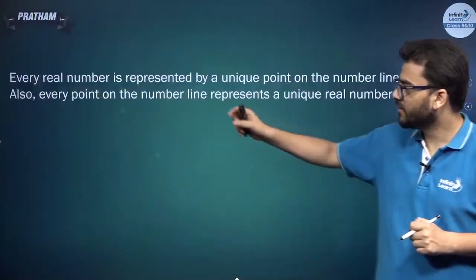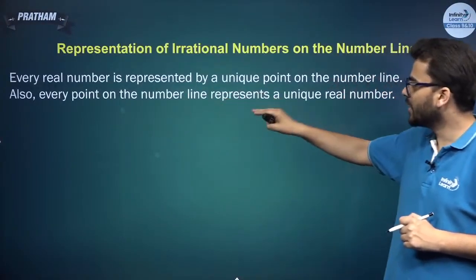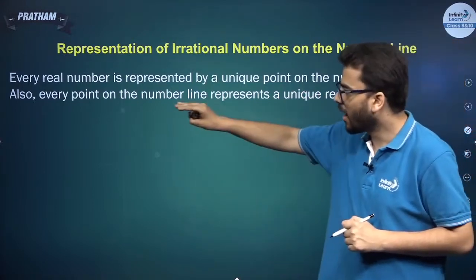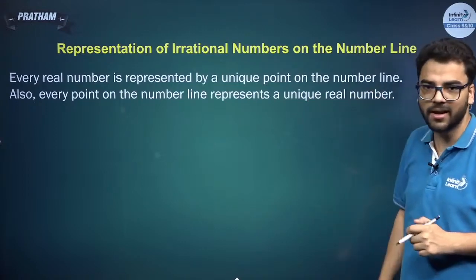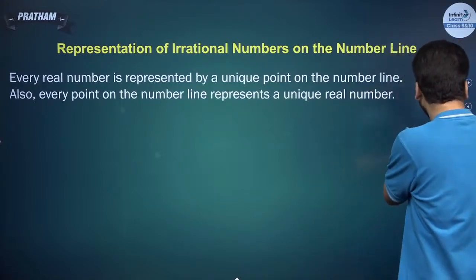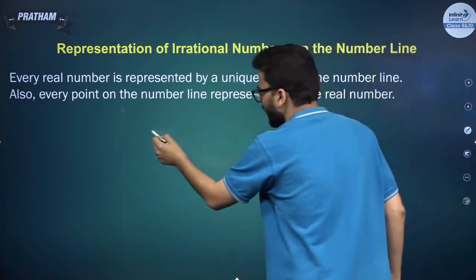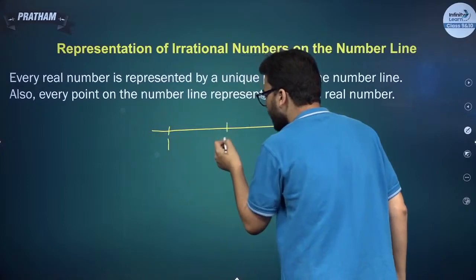So basically the first thing we need to know over here is that every real number is represented by a unique point on the number line. Also every point on the number line represents a unique real number. Basically, if you make the number line over here, so for example, you have got 1 and 2 on the number line.